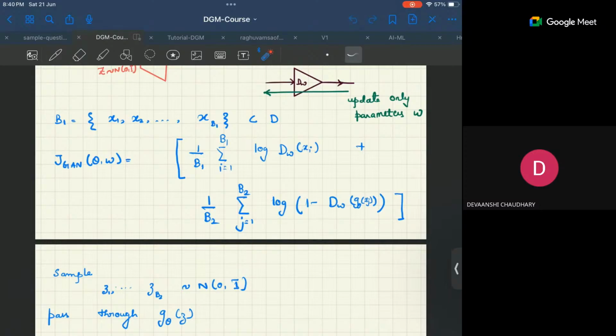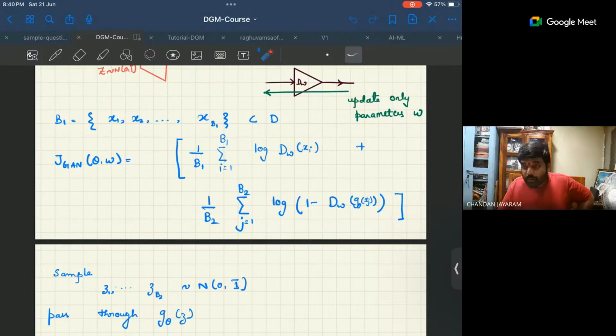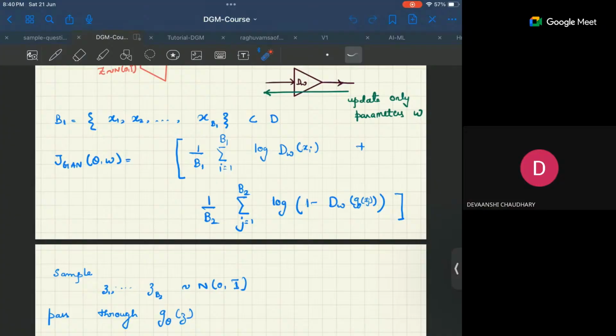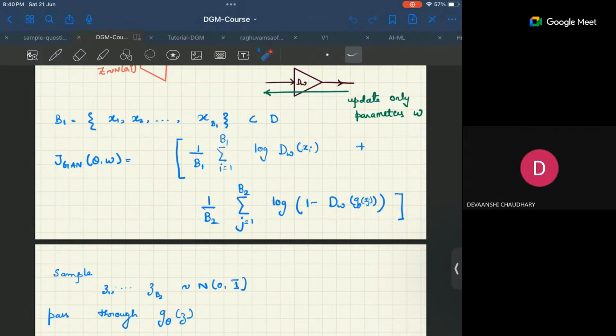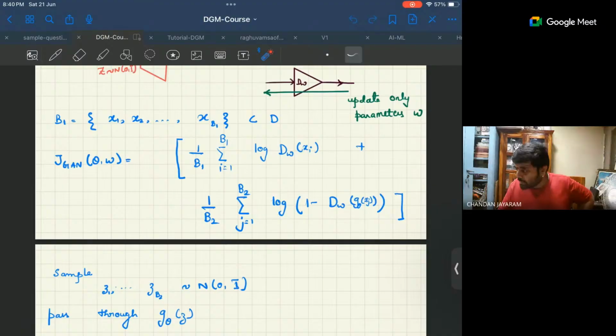It's week 2, question 9. The original GAN objective in min max form. Is that the question? Yes, sir.